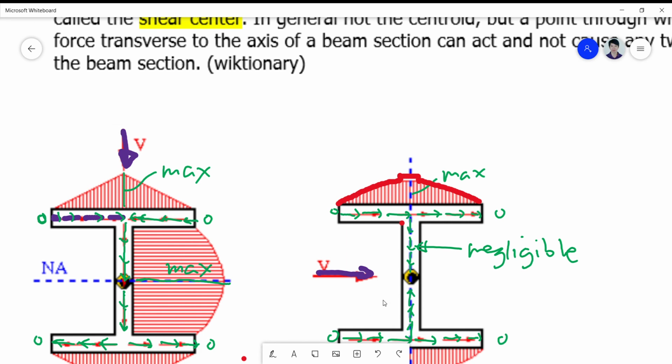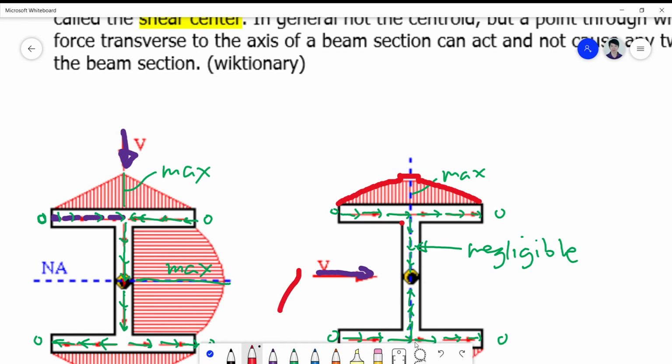So the reason for that is because the centroid of this area is exactly located at the neutral axis, and therefore there is no moment of area that is developed such that your shear stress will actually increase considerably.